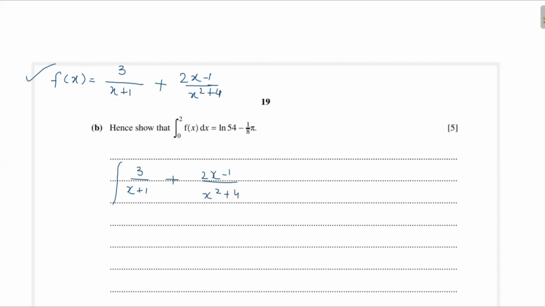Now we integrate this from 0 to 2 dx. Now we can write it as the integral from 0 to 2 of 3 over x plus 1 dx plus the integral from 0 to 2, we can write it as 2x over x square plus 4 minus 1 over x square plus 4 dx.